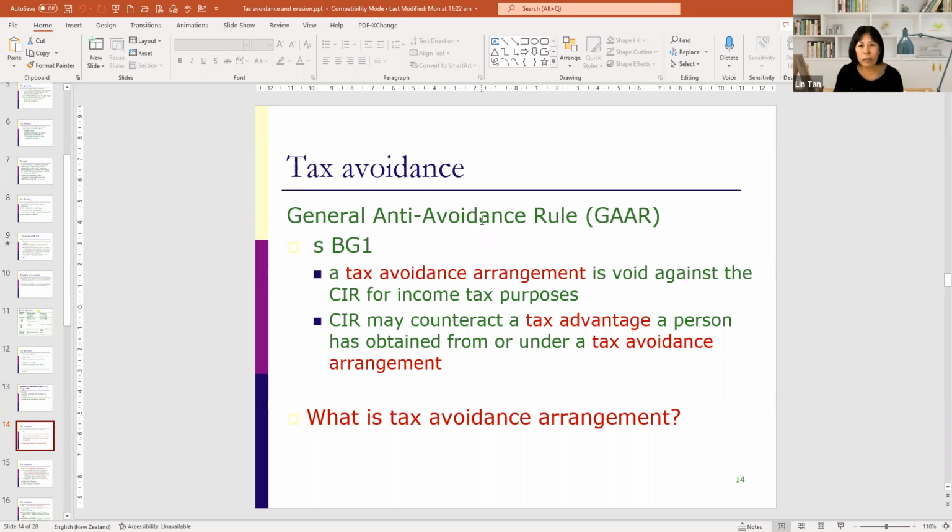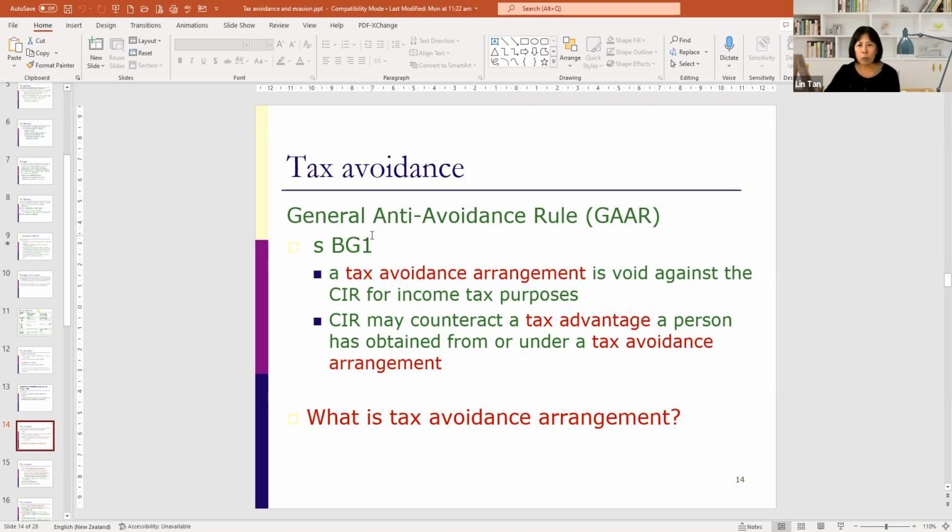Now, the general anti-avoidance rule is the one that most taxpayers or advisors are more worried about, because it is not that straightforward. You actually have to look at the facts of the case to see what is going on there. What sort of arrangement have they come up with, and will that arrangement be considered a tax avoidance arrangement?